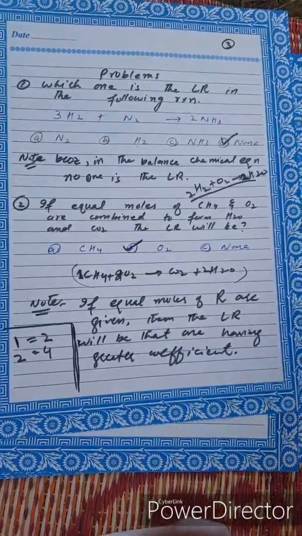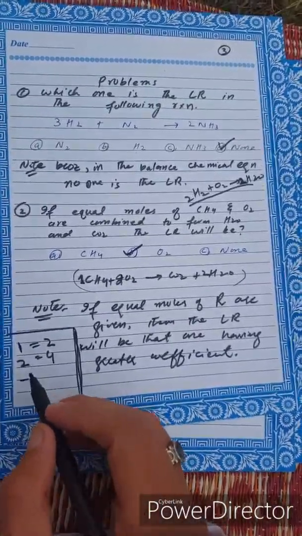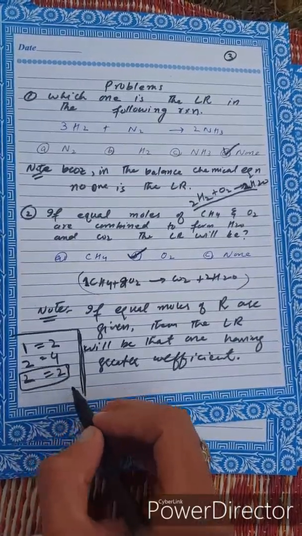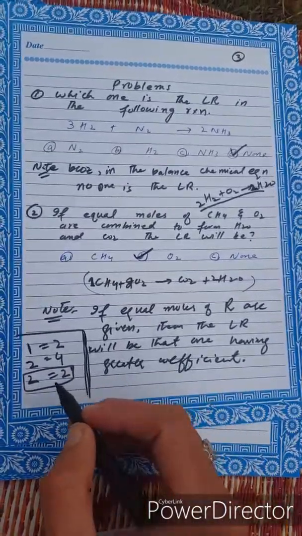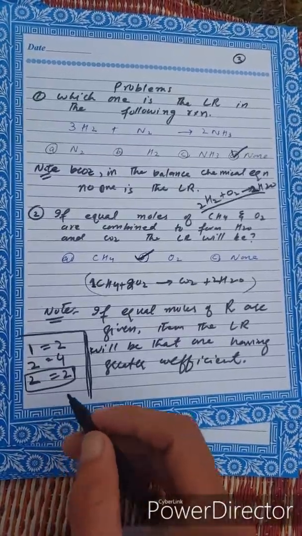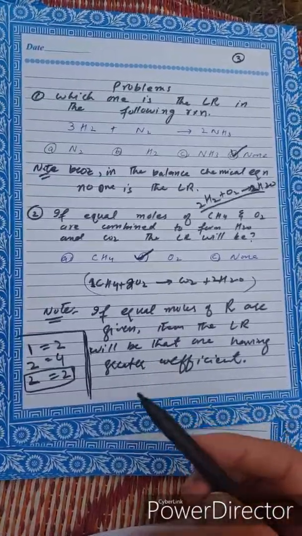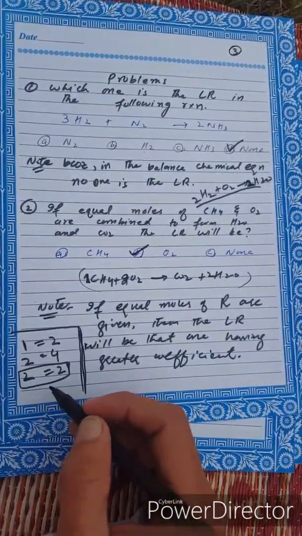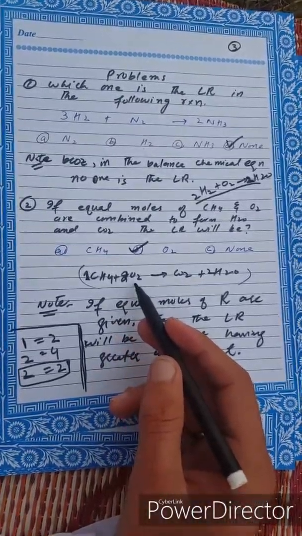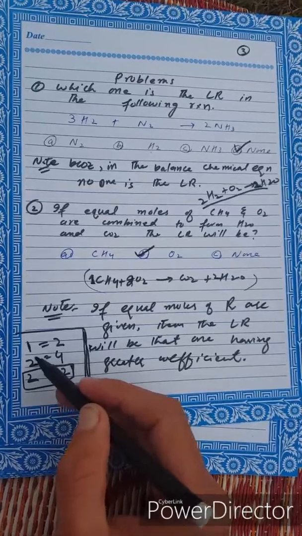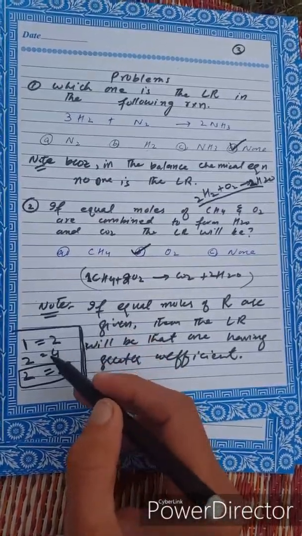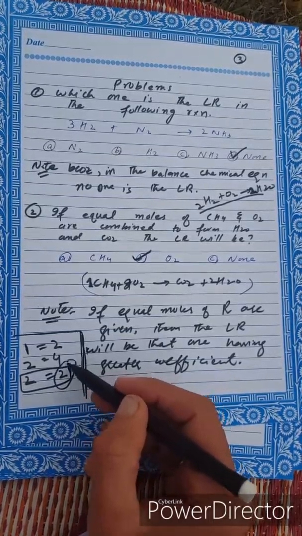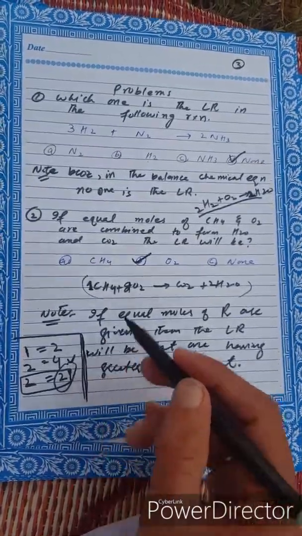So for example I can take 2 moles of methane reacting with 2 moles of oxygen. You can take another number like 4, anything you can take, but I took 2 moles. But now for 2 moles of methane, 4 moles of oxygen are required, but I took 2, so the limiting reagent is oxygen.